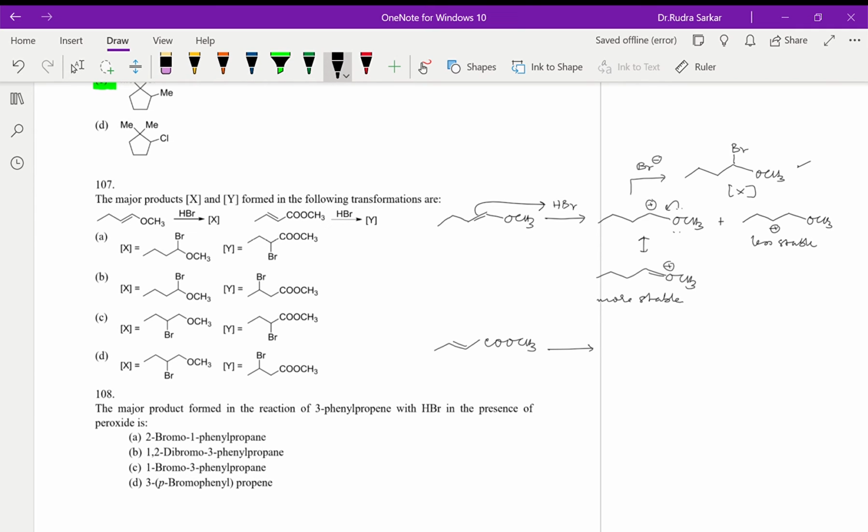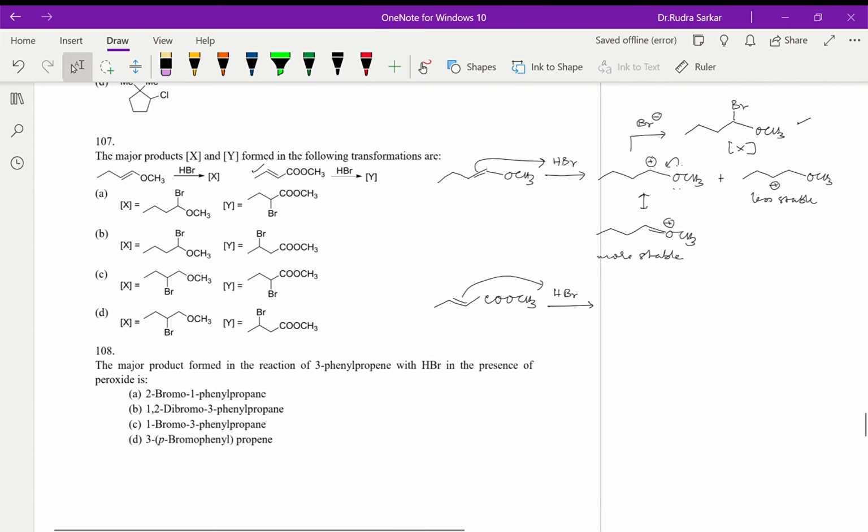Okay. So from this molecule, if we add HBr, again we have to think in terms of electrophilic addition reaction. So we have this. Now in this case, when the proton adds over here, we have positive charge over here, and when it adds to the other ene carbon, then we have the positive charge over here.